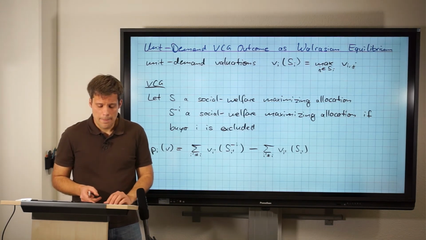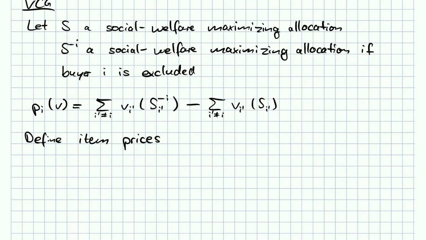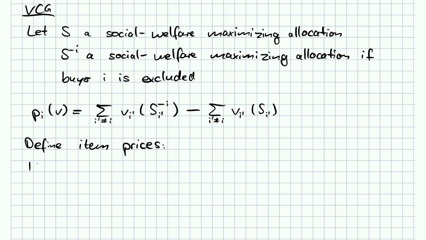More precisely, what we can say is that we now define item prices as follows. If j is not allocated in S, then we'll set the price of item j to 0.